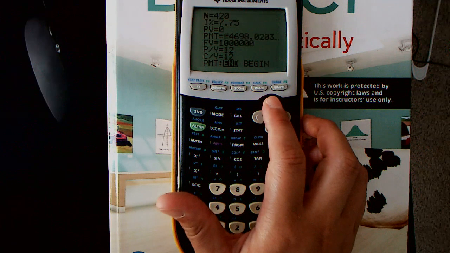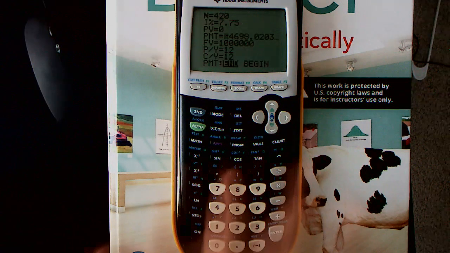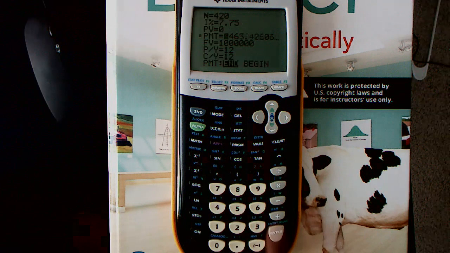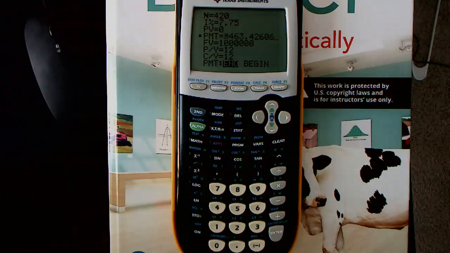Let's go back to payment. Make sure it's blinking, and then solve it: Alpha, Enter. Okay, your monthly payment is negative, right? Yeah, it means the money is going out. $463.42606. Please write down the decimal.